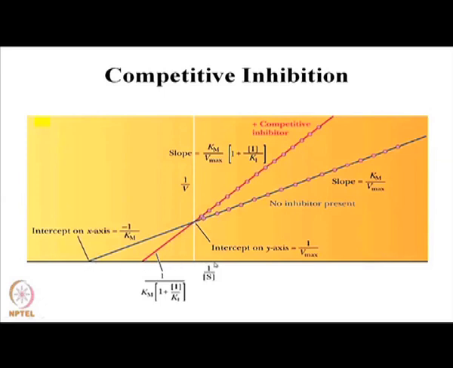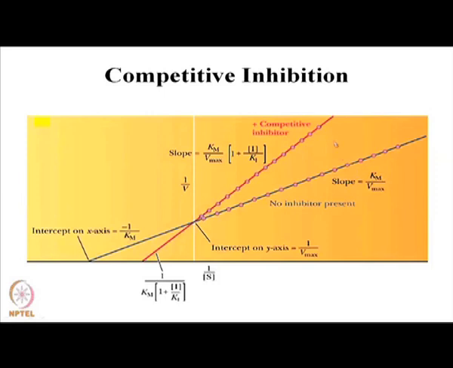Okay. So, the intercept is 1 by Vmax. So, maximal velocity remains the same, and the slope is Km by Vmax. So, 1 by Vmax is the same for both. So, Km is different. Okay. So, the Michaelis constant is different.